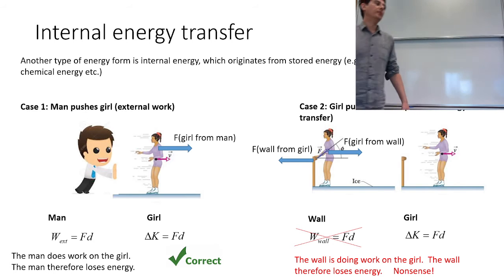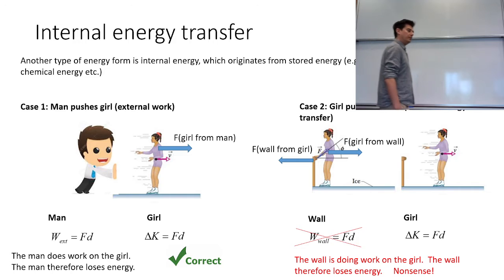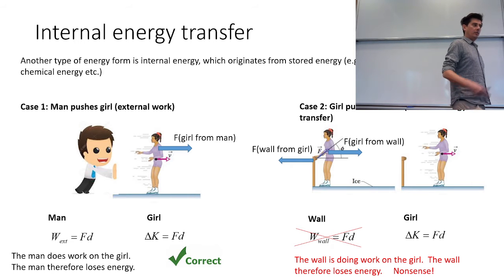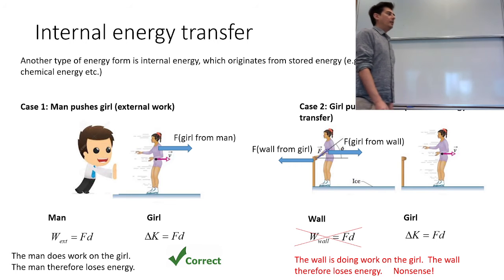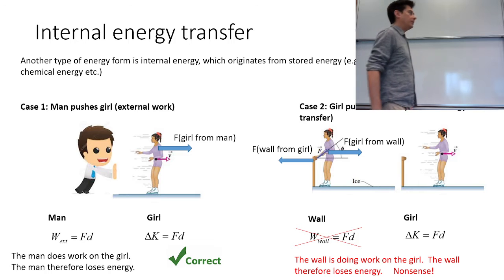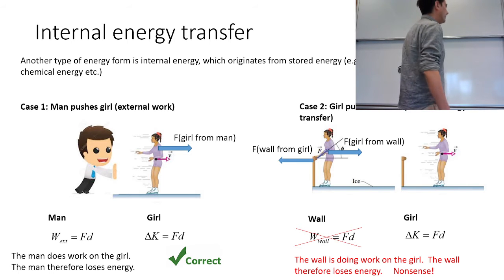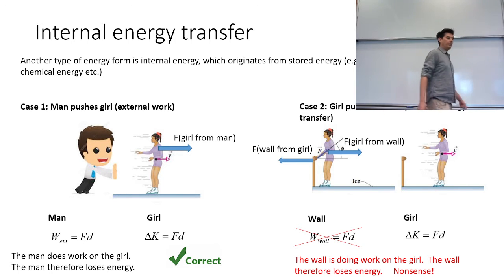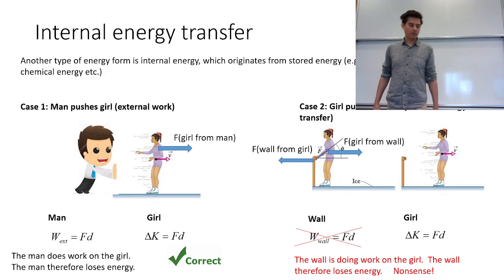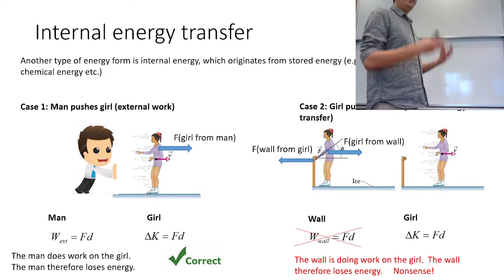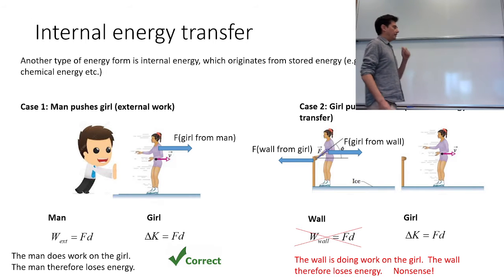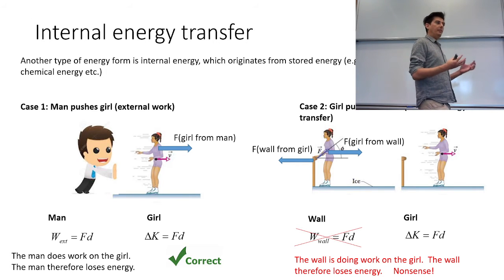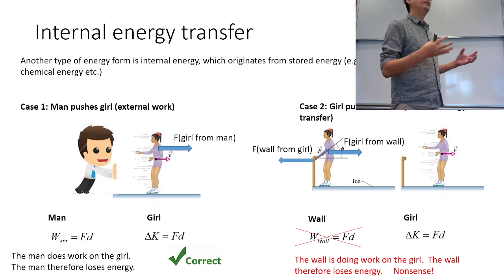What you're doing there is converting chemical energy stored in your body into, say, kinetic energy. Eventually it all comes from chemical reactions happening inside your body, and that energy that's stored chemically is now converted into kinetic energy.